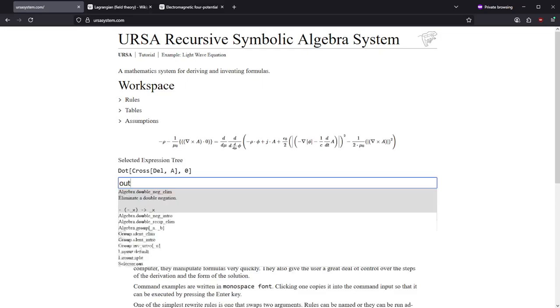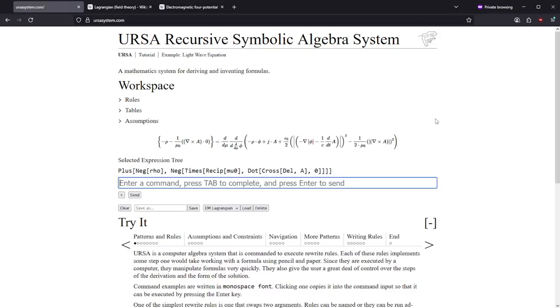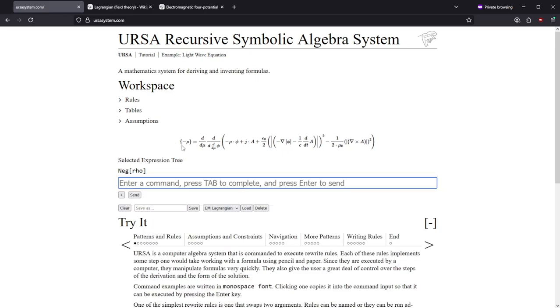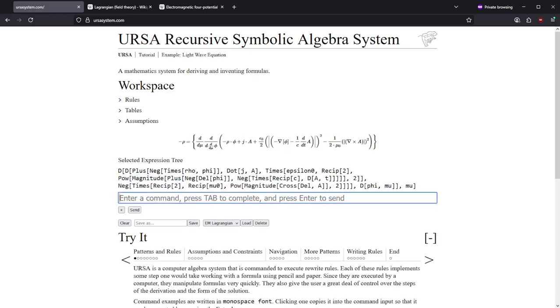So now we can go out, and this term is just 0, so we can just use simplify, and it'll just get rid of that. So now the left-hand side is good. That's just negative rho. On the right-hand side, we now have dd mu of this object. Mu is a repeated index, and it's eliminated using the summation convention.